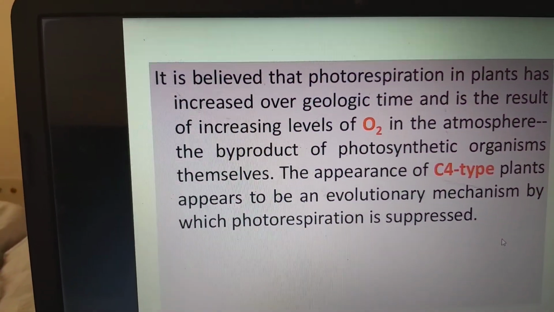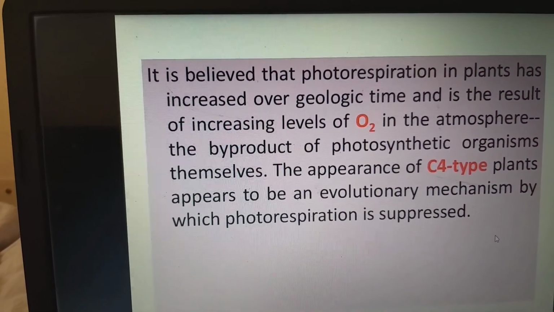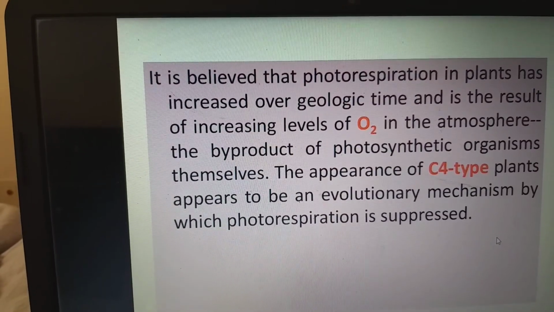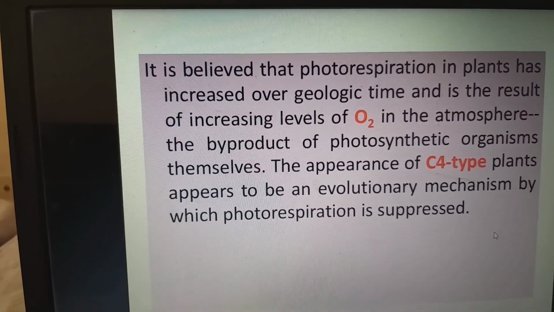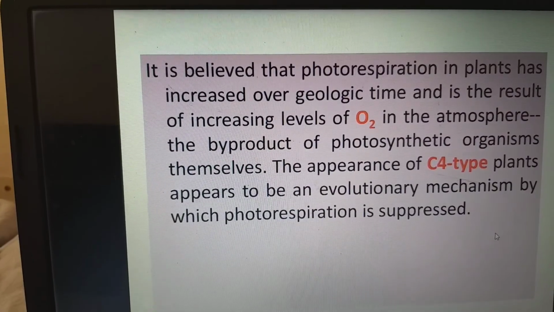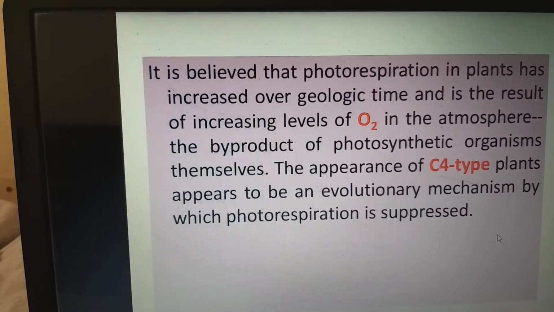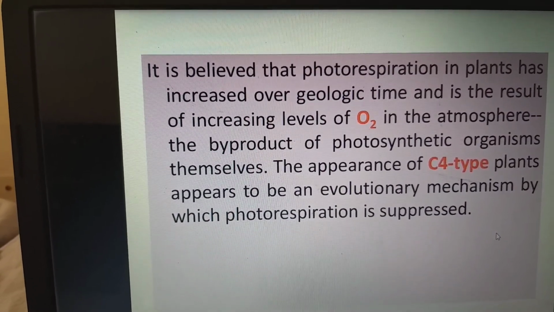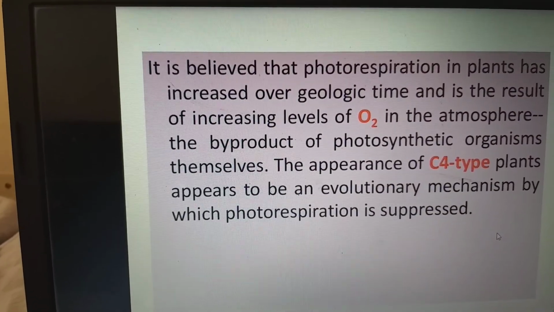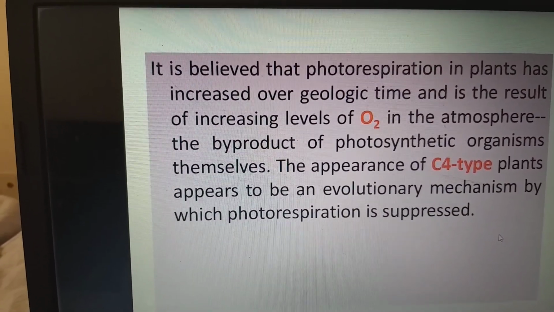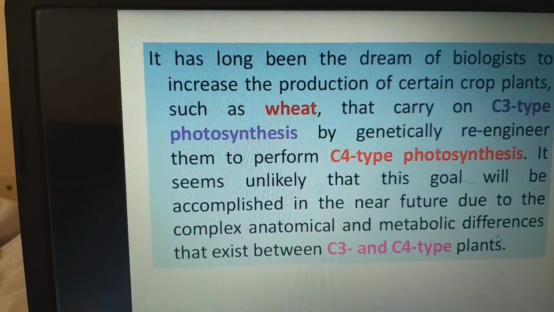It is believed that photorespiration in plants has increased over geologic time and is the result of increasing levels of oxygen in the atmosphere, the byproduct of photosynthetic organisms themselves. The appearance of C4 type plants appears to be an evolutionary mechanism by which photorespiration is suppressed.